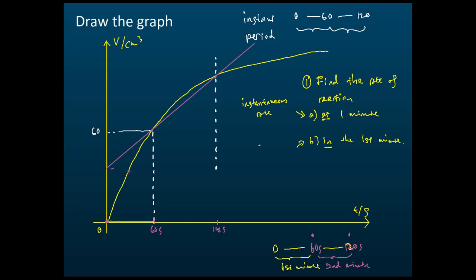Dotted lines for this big triangle. And then find the gradient of this big triangle.